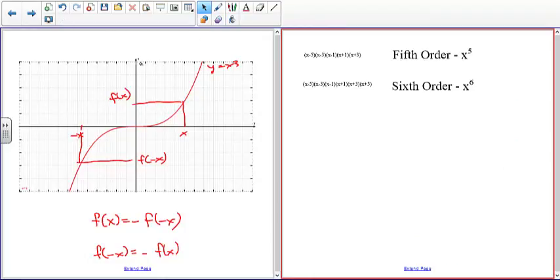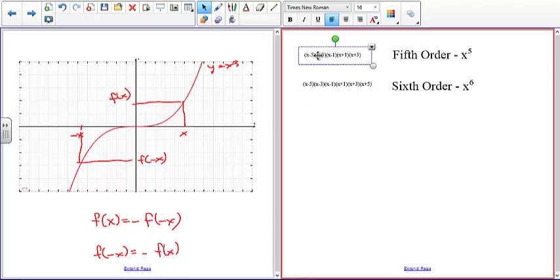Now we're used to looking at x squared functions and x cubed functions, but here's another odd function, and what I have written out here is the function.